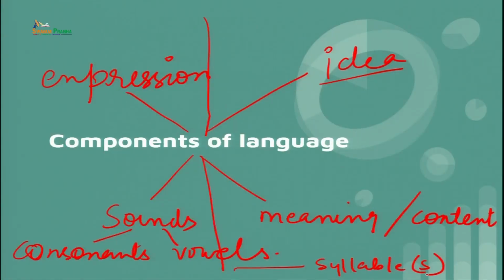A syllable is a unit which incorporates a vowel, and if you have to identify syllables in a word, then count the number of vowels. The reason behind this is that the number of vowels is equal to the number of syllables.